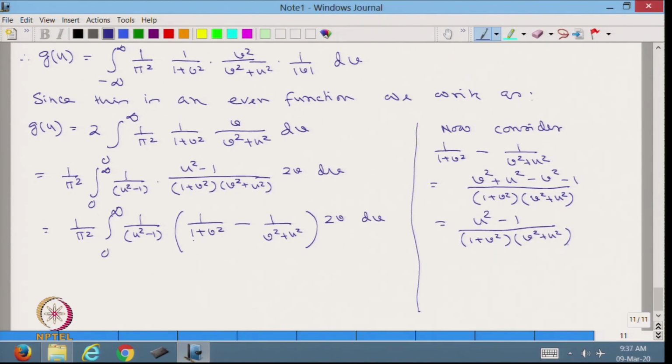Note that in both of them v square is there in the denominator. So, by replacing 1 plus v square, say, as z, we shall get 2v dv is equal to dz, and in a similar way for v square plus u square we shall get 2v dv to be, say, dw.